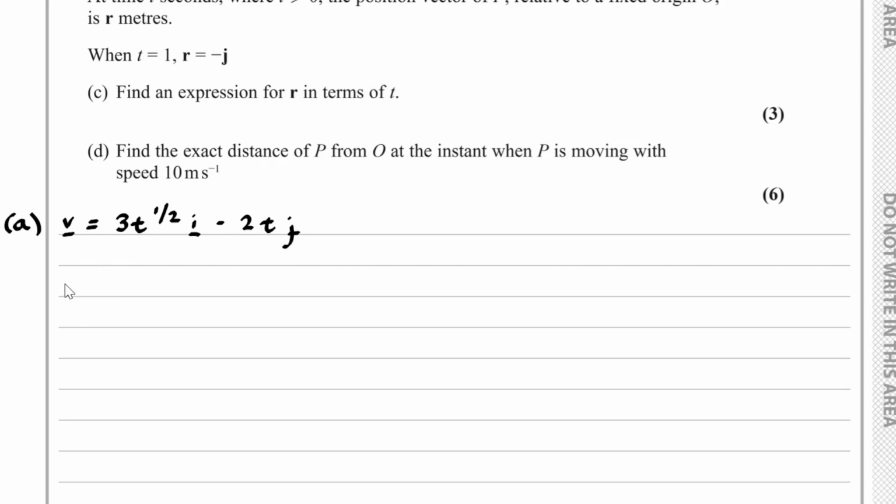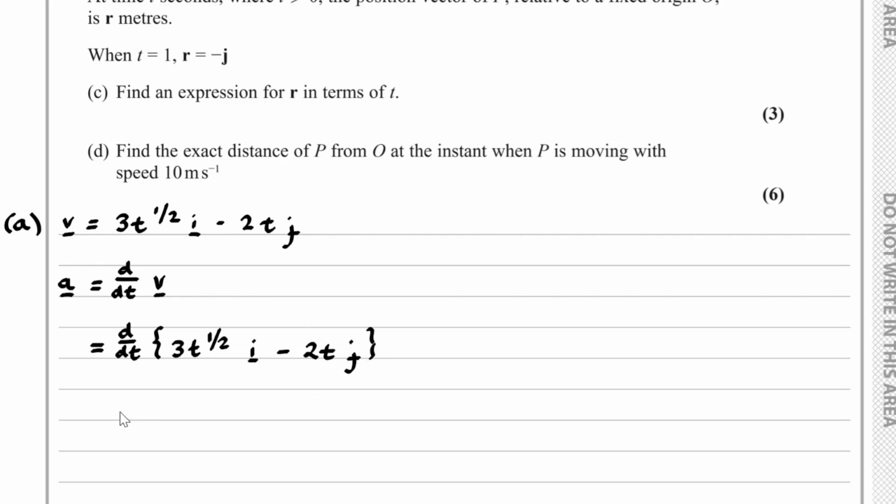So, acceleration is equal to the differential of velocity. We would have to differentiate the velocity 3t to the power of 1/2 i minus 2t j.